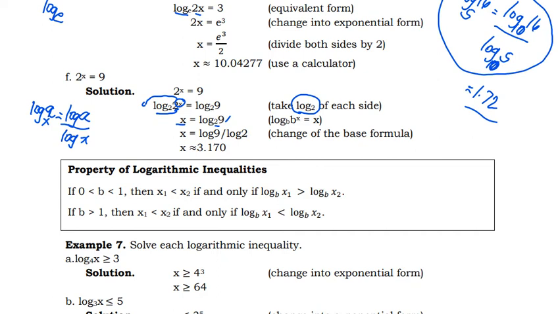Now we proceed to the property of logarithmic inequalities. So we know that in the exponential inequality, b is greater than 0 but less than 1, like this example, 1/2 raised to the power of x. It means 1/2 is less than 1, and therefore our expression can be written as 2 to the negative 1 raised to the power of x.